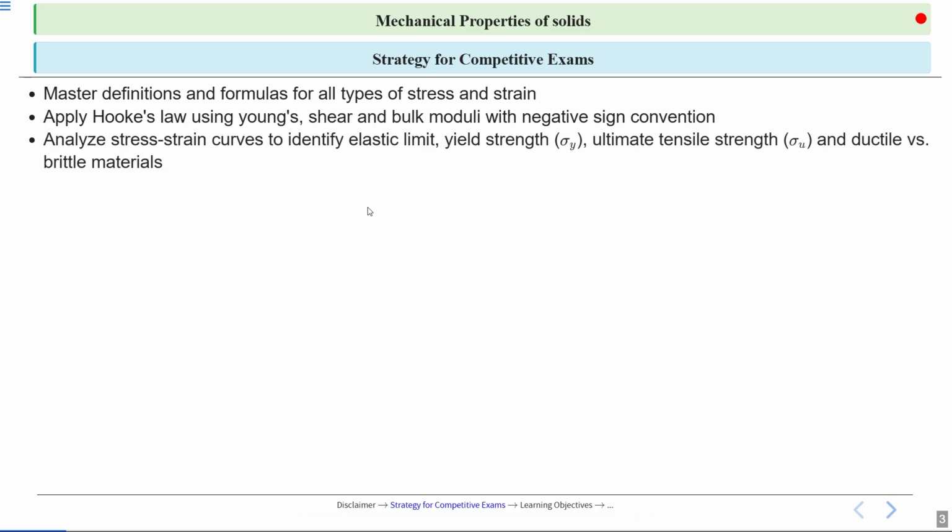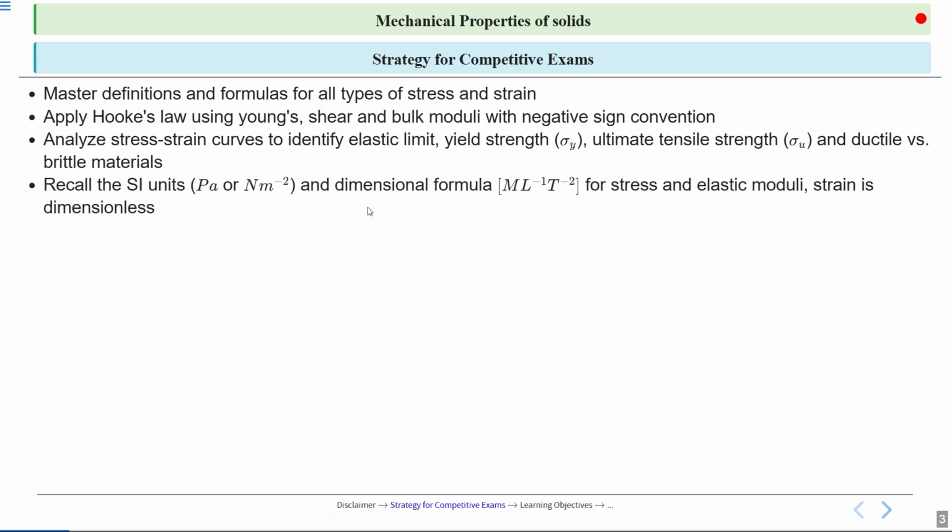Analyze stress strain curves. These curves help us identify key points like the elastic limit, yield strength, ultimate tensile strength, and differentiate between ductile and brittle materials.